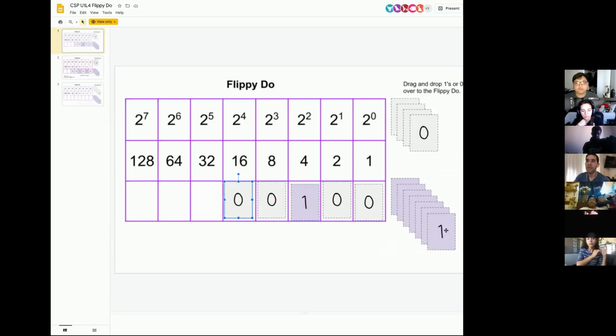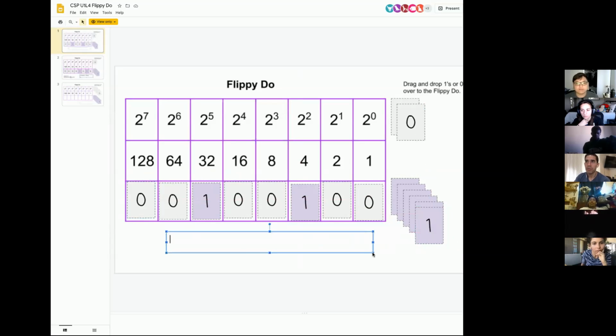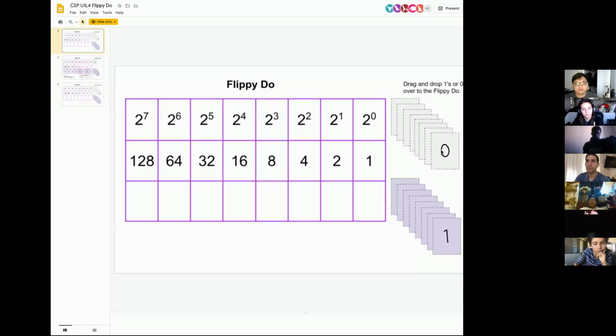And whenever you want more practice, just go ahead and drag the card into the respective position, the 0 or 1, and then just test yourself. Just come up with a number in your head, say 77, and how would I represent 77? I would drag over a 1 into the 64, and then I would drag what else?